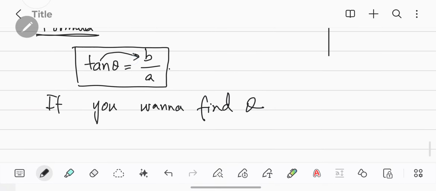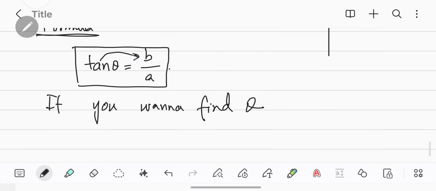Tan will go to the right hand side, but it will become inverse. So you have theta equals tan inverse of b by a. If you plug these values in the calculator, you will get the answer.